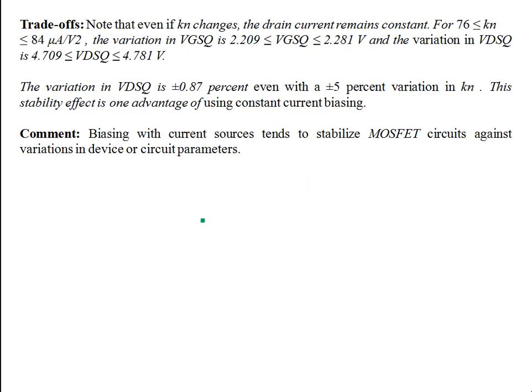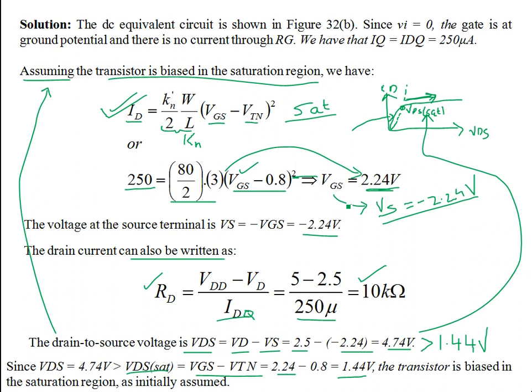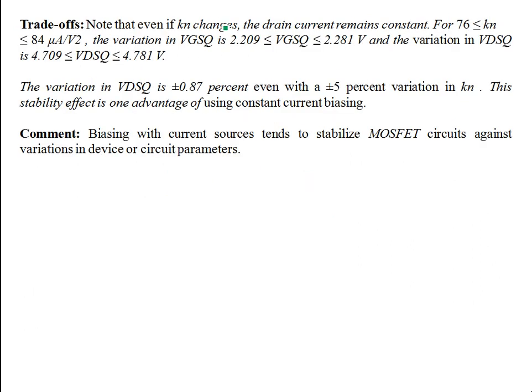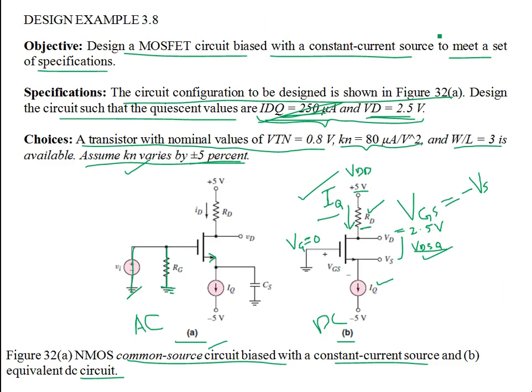So let's consider trade-offs now. You see we have the RD, and we have the VGS as well from the IV characteristics. Now we see that if Kn changes, the drain current remains almost constant. The variation was in Kn, this conduction parameter.